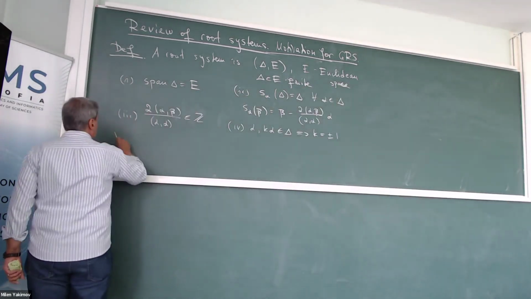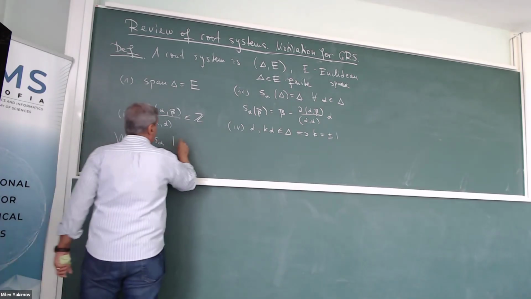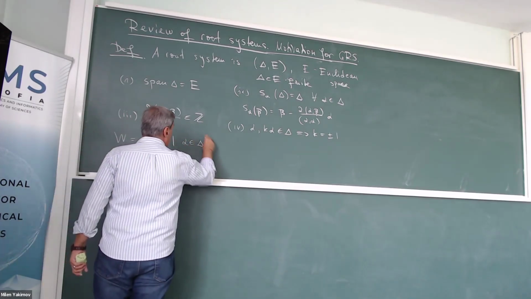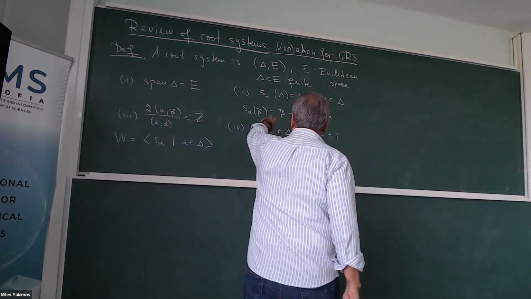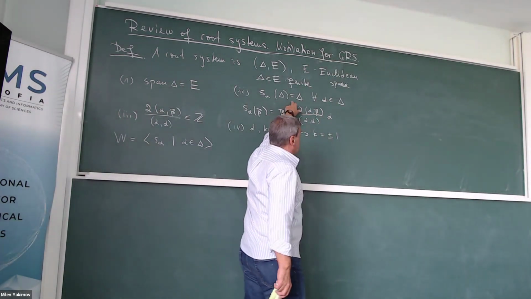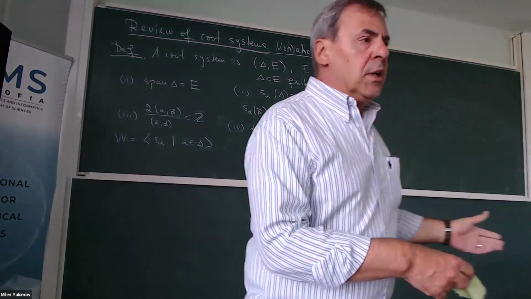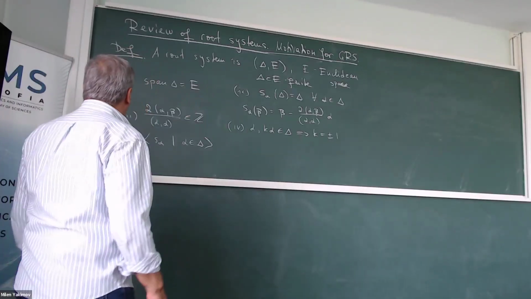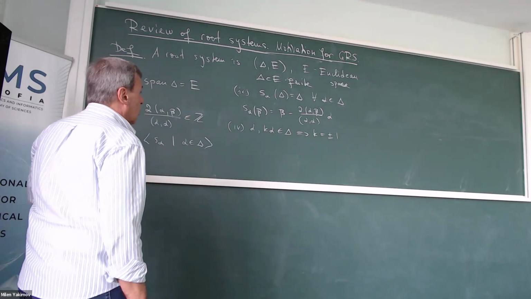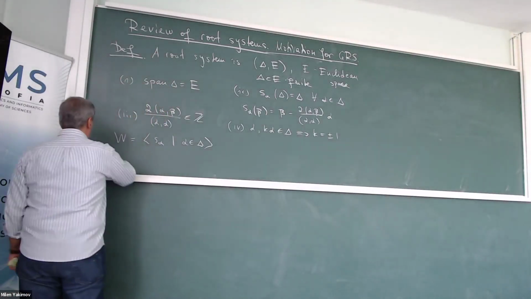Associated with the root system is the Weyl group, which is the group generated by all reflections. Because of condition 2, where all reflections preserve the root system, this is a subgroup of the permutation group of Delta, hence it's finite. Later on, we're going to see examples.